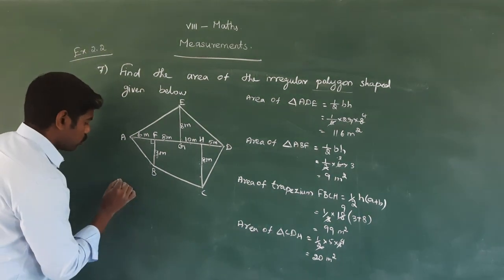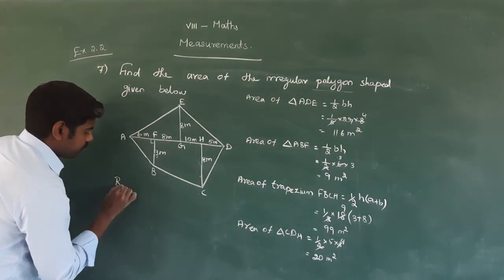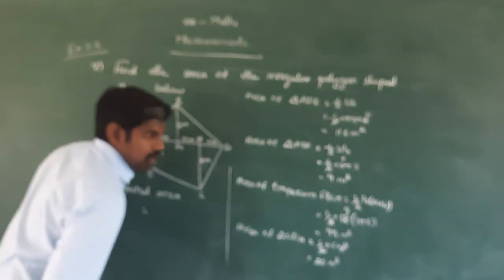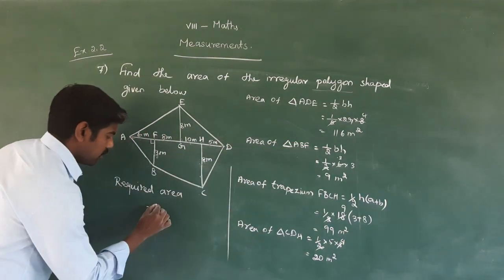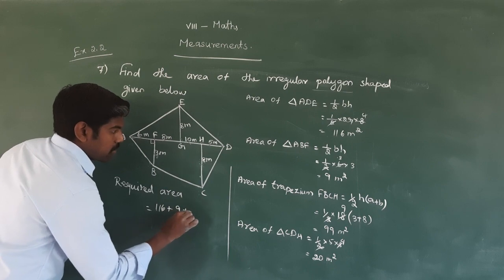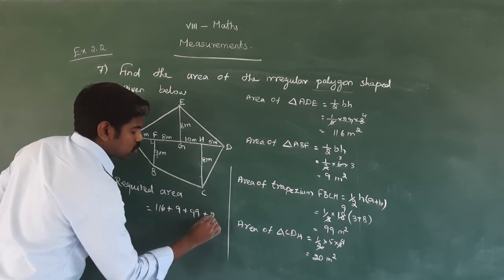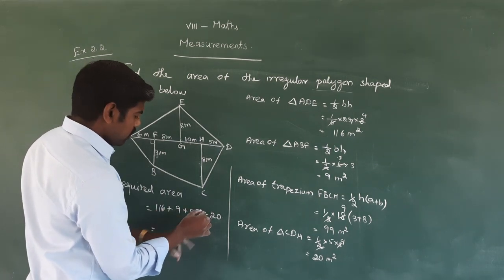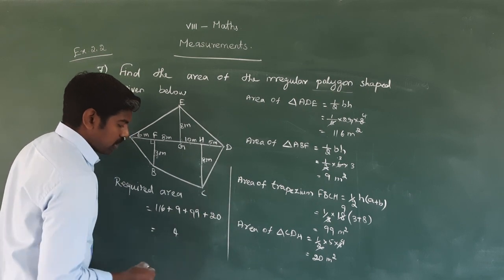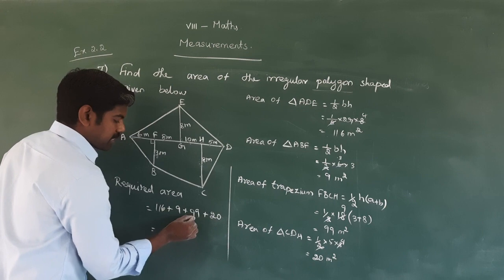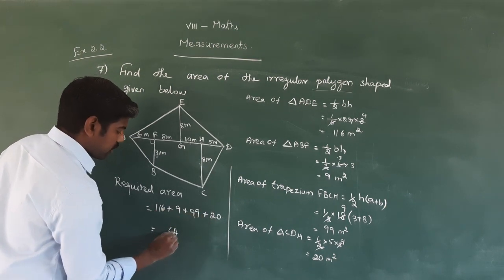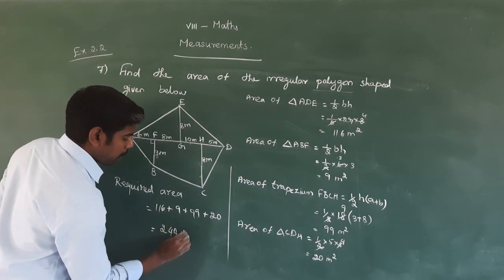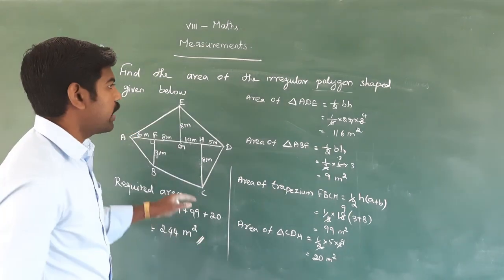So the required area is equal to the sum of all areas. 116 plus 9 plus 99 plus 20. 6 plus 9 is 15, 15 plus 9 is 24, 24 plus 0 is 24. 4, remaining 2. 2 plus 2 is 4, 4 plus 9 is 13, 13 plus 1 is 14. 4, remaining 1. 1 plus 1 is 2. 244 meters square. This is the required area.